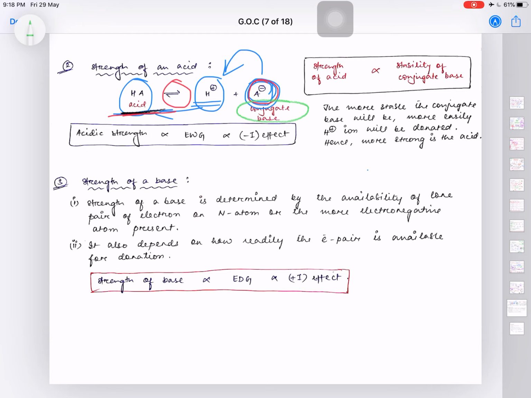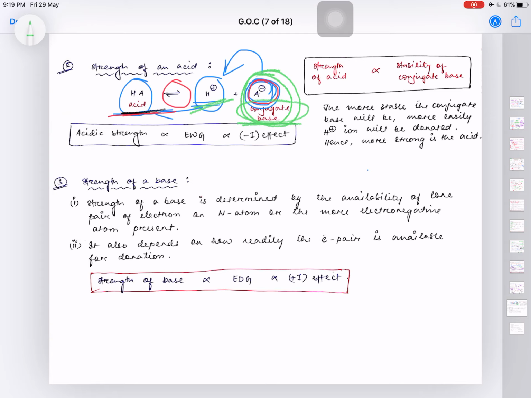Now the first and most important thing that you have to know is that this acid will give up H plus ion only if this conjugate base is stable. Because after giving H plus ion, the acid is left with this structure, A minus. If A minus is not stable, then why will it give H plus ion?